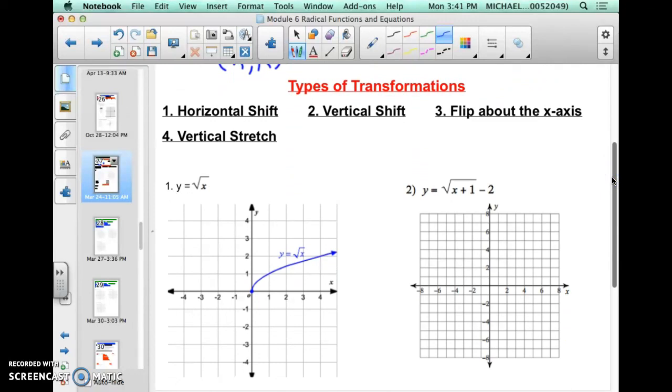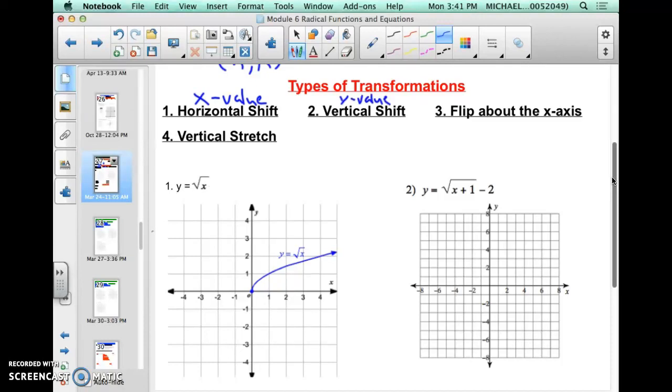Now, types of transformations. In this, we're going to talk about four different ones: a horizontal shift, a vertical shift, a flip or reflection about the x-axis, and then a vertical stretch as well. A horizontal shift has to deal with the x value. A vertical shift is the y value.